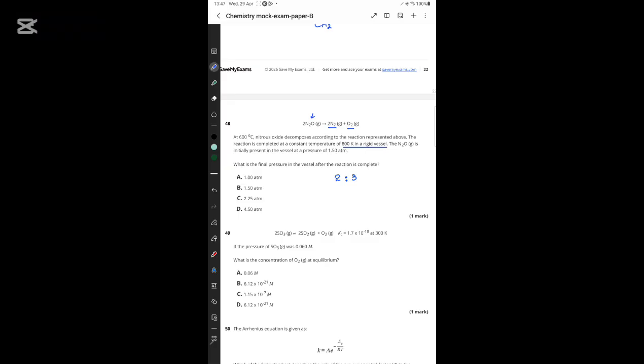The N2O is initially present in the vessel at 1.50, so initially the partial pressure is 1.50, because this is N2O and this is for N2 plus O2. Initially there were 2 moles and then they are forming 3 moles.